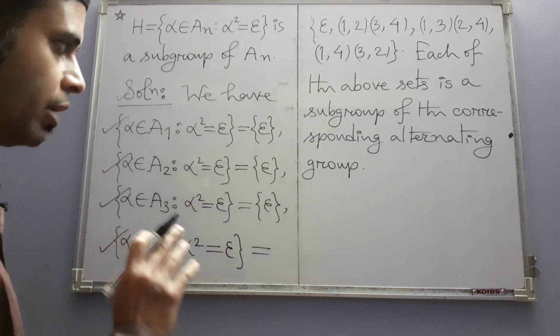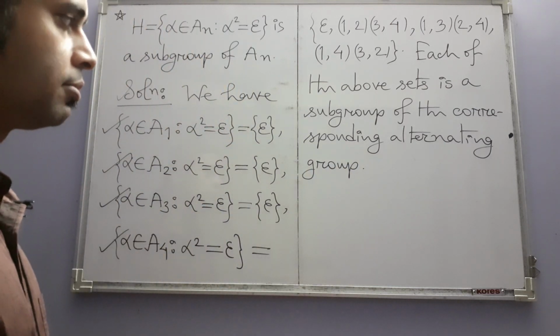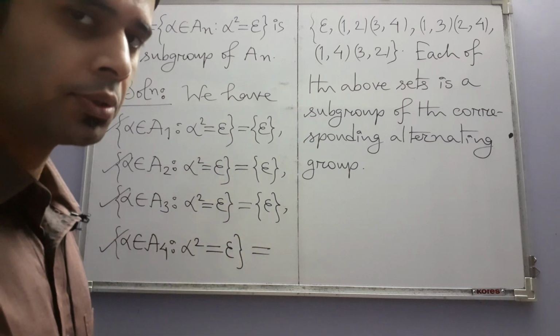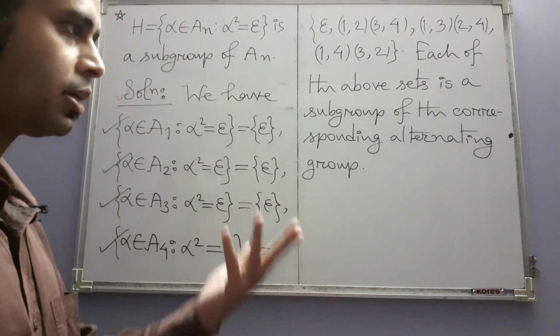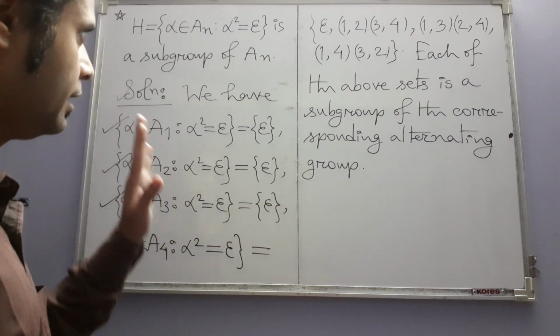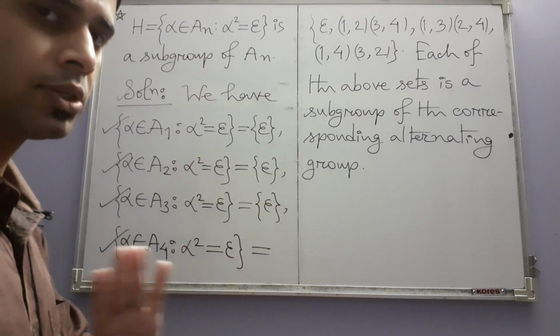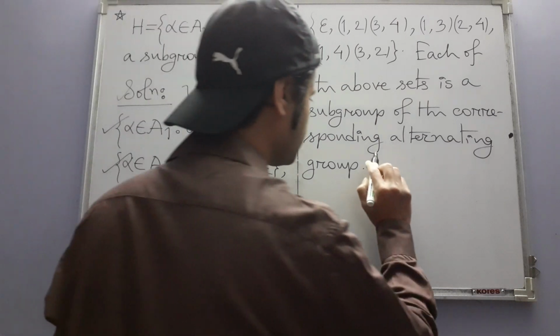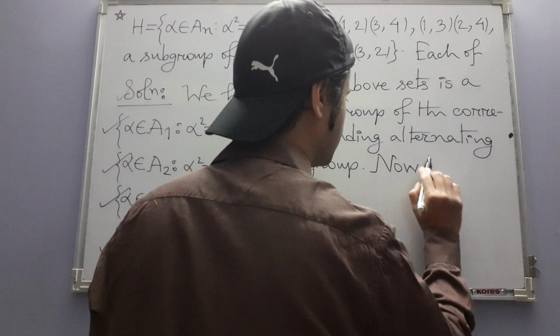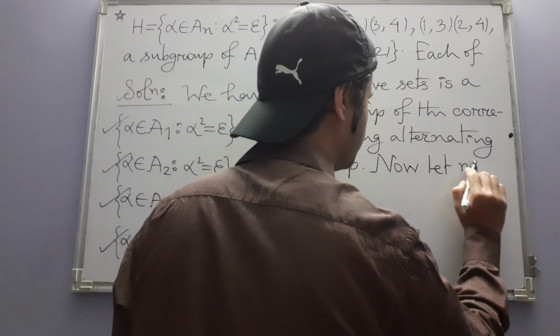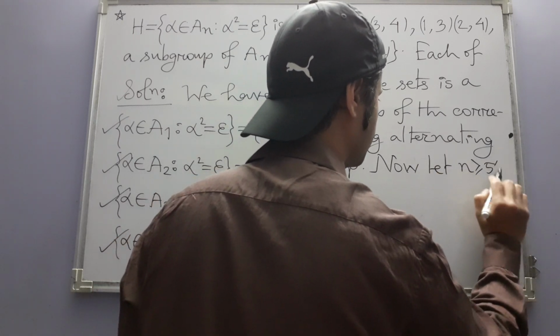But when our n value exceeds 4, when it becomes at least 5, then for any such n, the H is not a subgroup. It's never a subgroup. Now let n be at least 5.